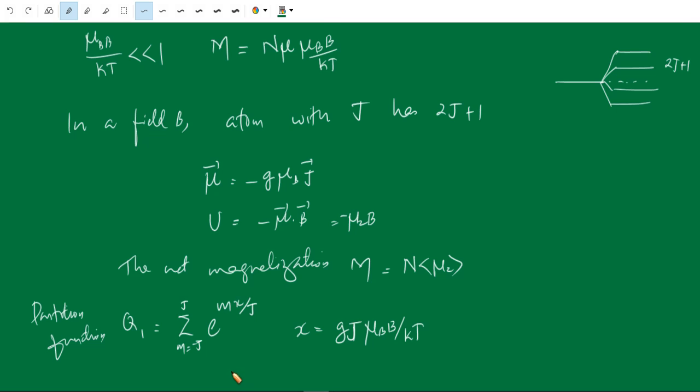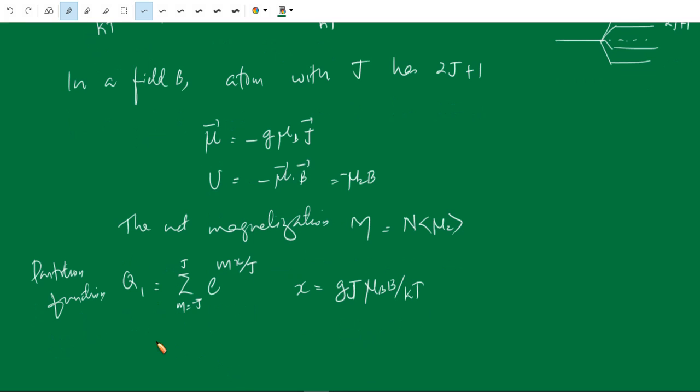Therefore, by expanding this, the first term is for minus J, the next term is for minus J plus 1, the next term is for minus J plus 2, etc. So this can be written as e raised to minus x plus e raised to (minus J plus 1) x divided by J, etc.